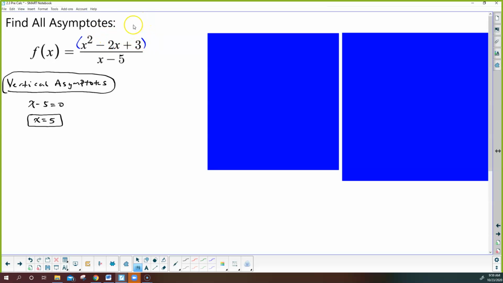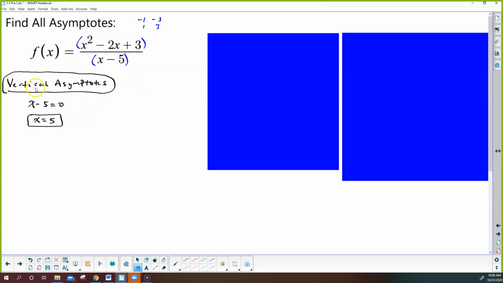Well, the only factors of positive 3 are negative 1 and negative 3, or positive 1 and positive 3. And when I add those up, they don't give me the middle term. So that means that this top trinomial cannot be factored. So therefore, there are no factors on top that are going to reduce out with the x minus 5, which means there are no holes in this graph.